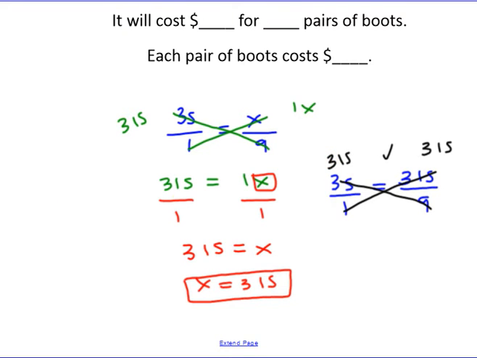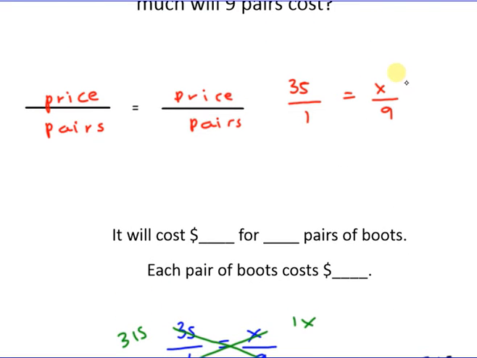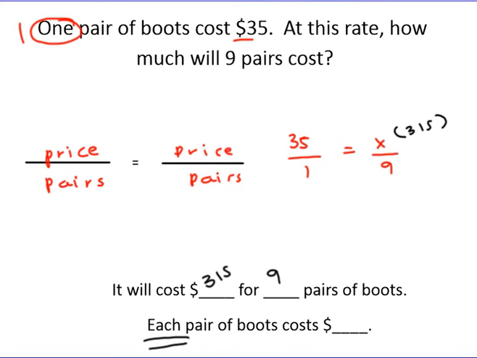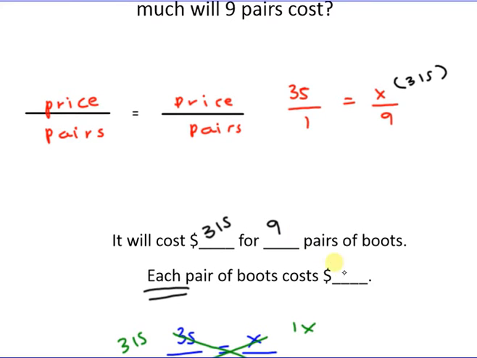So that checks out. So it's going to cost $315 for 9 pairs of boots. Each pair costs how much? Well, if you look at the problem, didn't it tell us how much one pair of boots costs? $35. That was pretty easy.